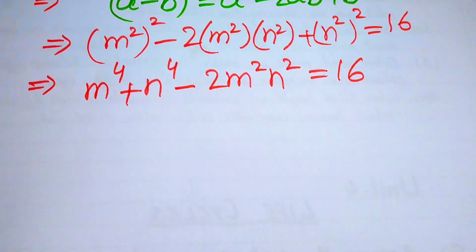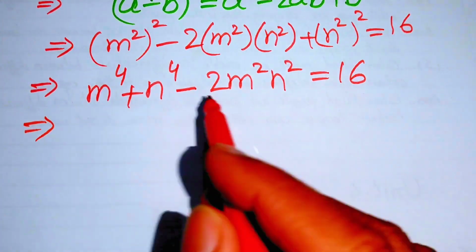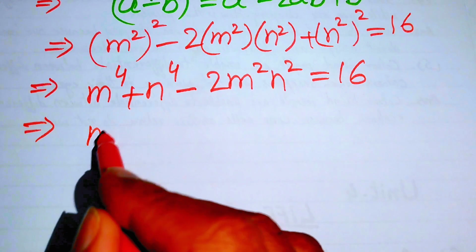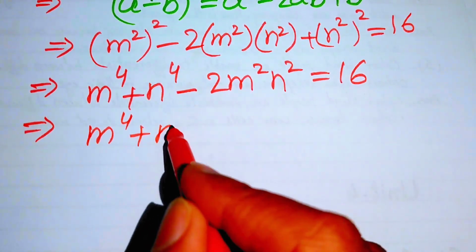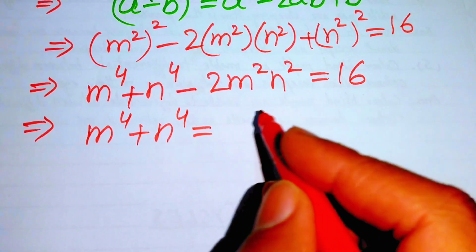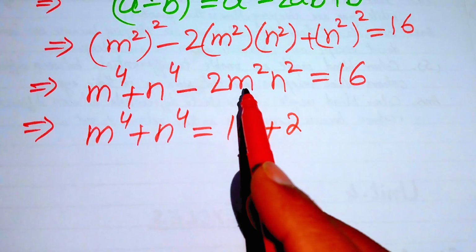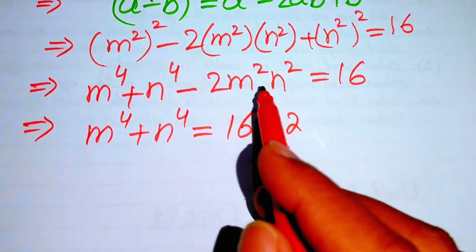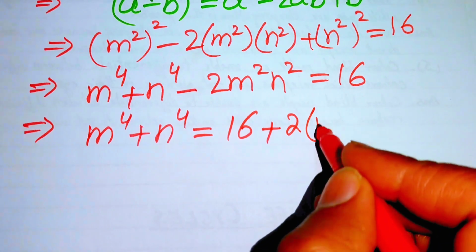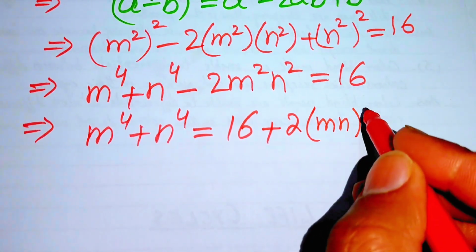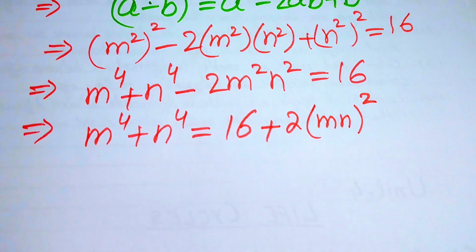And now we move this term to the right hand side and we get m to the power of 4 plus n to the power of 4 equals 16 plus 2 times, here you have m square and n square, and we combine the square of these two terms and we write it as m times n and its whole square.